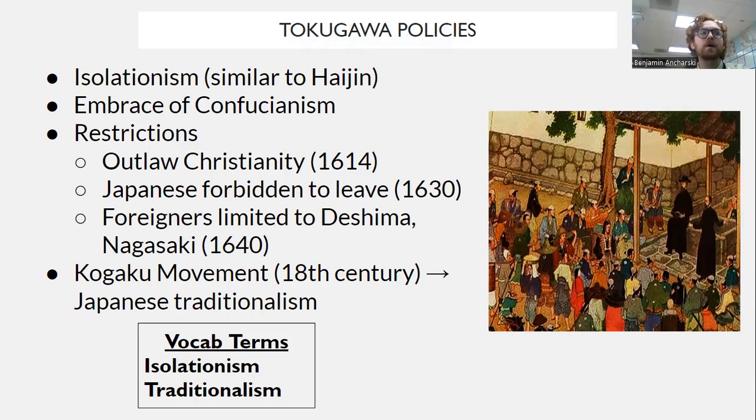And the Kogaku movement essentially is an attempt to further reject outside influence by emphasizing Japanese traditionalism, by emphasizing Japanese native traditions like Shintoism, like Japanese interpretations of Buddhism. So we do see that there is culturally a movement that is designed to go against Westernization, is designed to go against foreign influence in Japan. And that is known as the Kogaku movement.